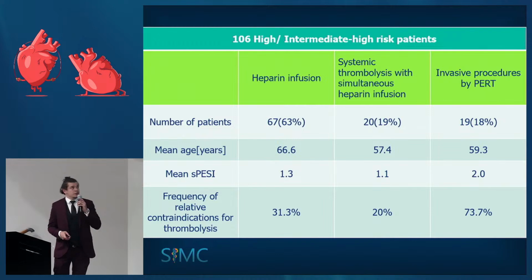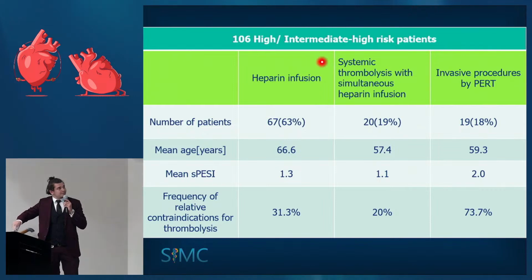Finally, patients treated with invasive methods by PERT had the highest PESI score and the highest rate of contraindications for thrombolysis.